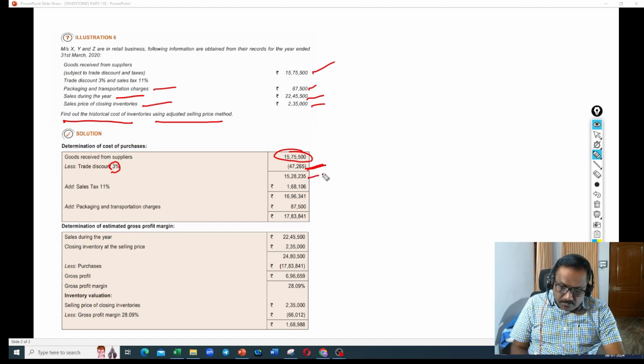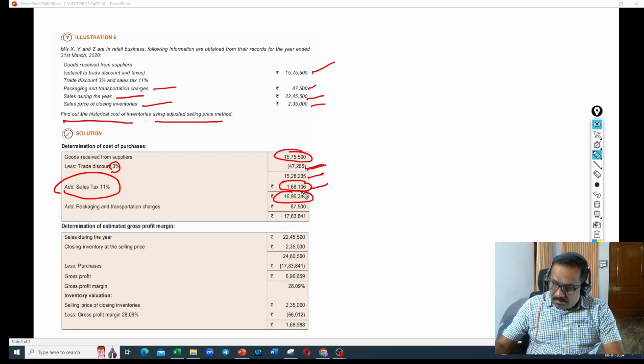So the net value after trade discount is 15,28,235. On that, we need to add sales tax 11% as given in the problem. 11% if you calculate, it will come to 1,68,106. Once we add the sales tax, the value will become 16,96,341.